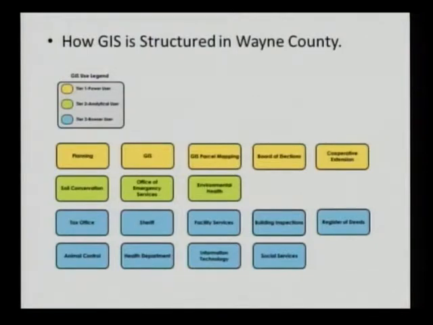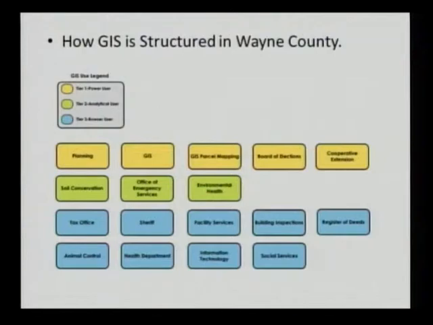In Wayne County, we use what's called a hybrid system for our GIS department. What that is, we have a coordinator, which is myself, and all other GIS staff members, we utilize existing staff in the departments. They are assigned GIS duties by their supervisor, and then we provide the training and the technical support for them to utilize the mapping.